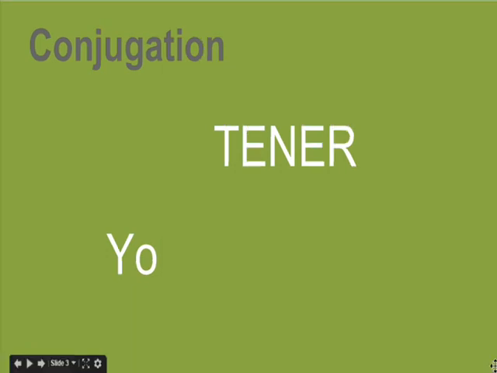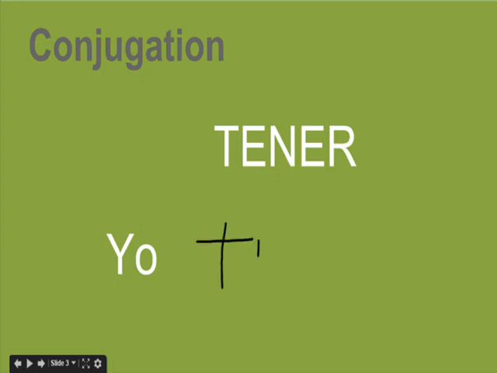Alright, so let's take a look at what the steps are for conjugating these irregular verbs in the preterit. So we take the verb tener, for example, and what we do is we first start off with the irregular stem of that verb. And that is something you just have to memorize.